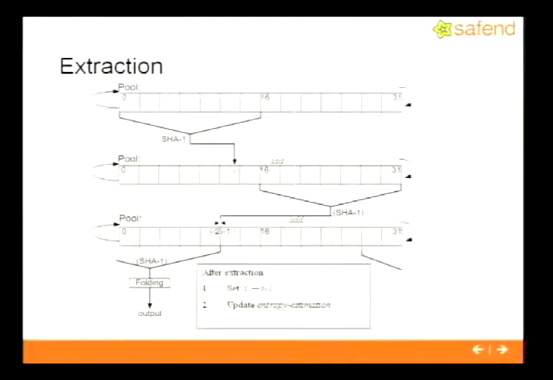Also, they didn't take the SHA-1 as is, but in the second and the third time, they used SHA-1 tag with no reason. They just changed the IV, the initialization vector, just like that. It took us a while to find out, but I'm not sure why they did it. Okay, that's the extraction procedure.